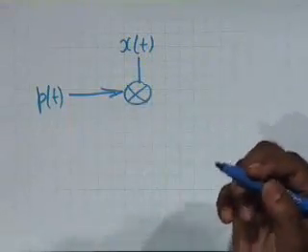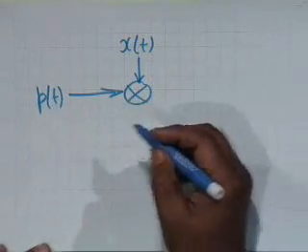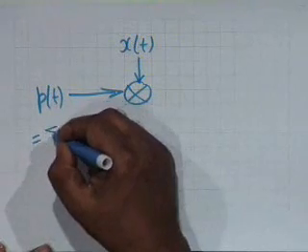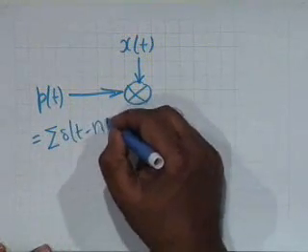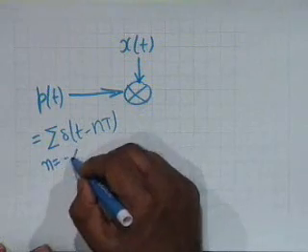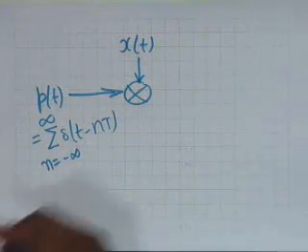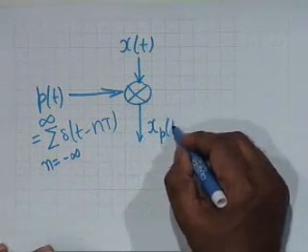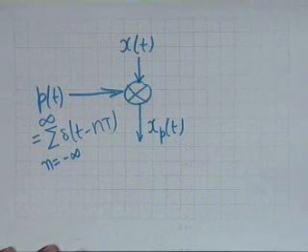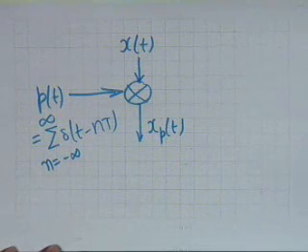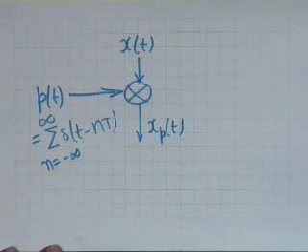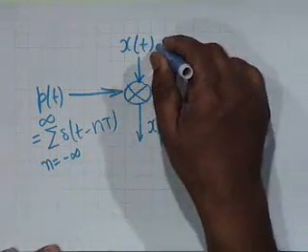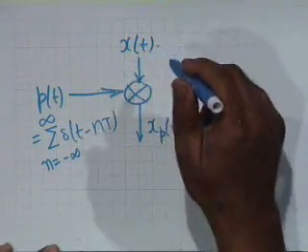This is the symbol for a multiplier, x of t and p of t, and the sampling function was an impulse sampler, that is, it was delta of t minus nT, where n goes from minus infinity to plus infinity, and the result we called, let us say, xp of t, and the result was simply a sequence of impulses whose strengths are equal to the value of the continuous time signal at that particular instant.